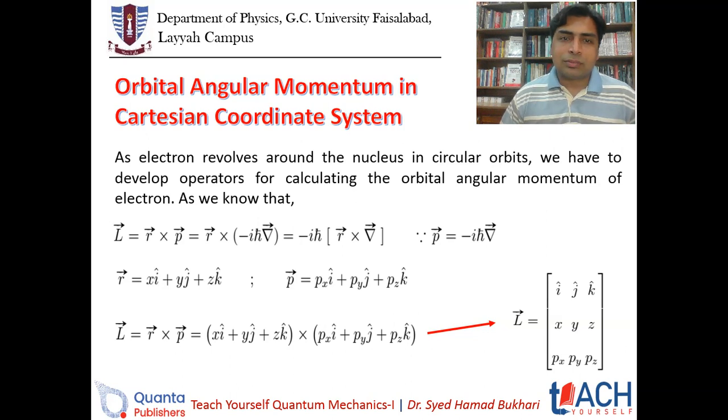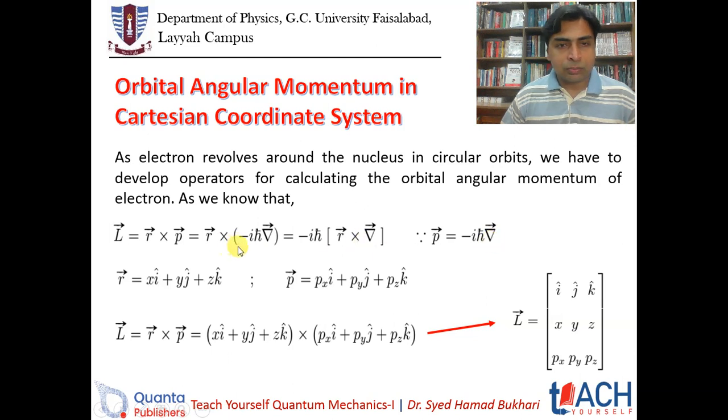So as electron revolves around the nucleus in circular orbit, we have to develop the operator for calculating the orbital angular momentum. So in terms of operator, we say that L is equal to R cross P, where P is the linear momentum, and in quantum mechanics its operator is basically equal to minus iota h cut del. ये चैप्टर नंबर 2 में हमने इसको डिस्क्राइब किया हुआ है.